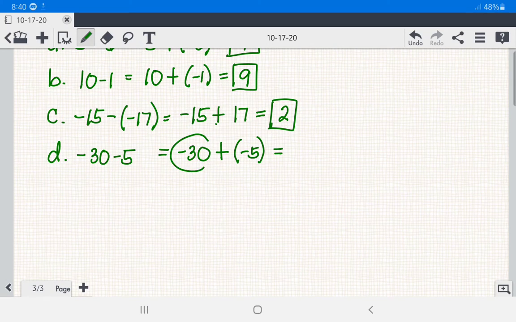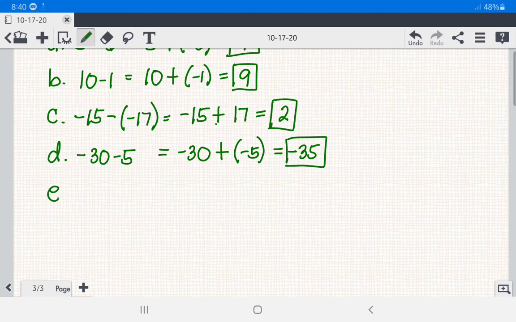Then, we have now integers with the same sign. So, what you are going to do is, you're going to add their absolute values and use the common sign. So, we have 30 plus 5. So, we have 35. Then, copy the common sign, which is negative. So, this is the answer.